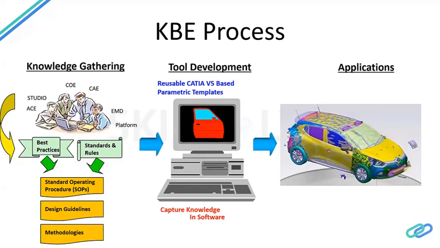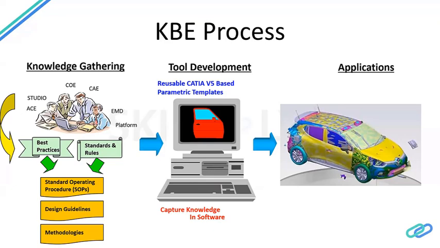So this is a typical way how knowledge-based engineering takes place. Various cross-functional teams, like advanced concept engineering studio, COE, CAE, and the EMD platform, there will be numerous teams working together in any organization.